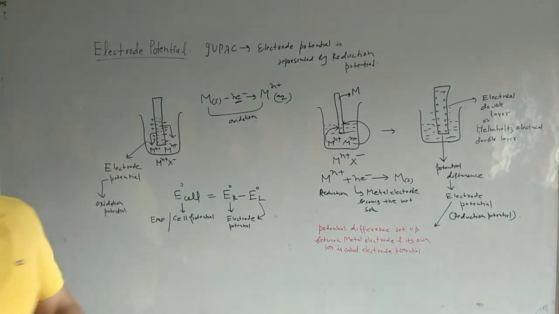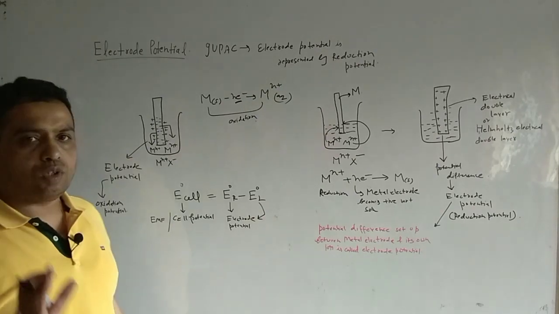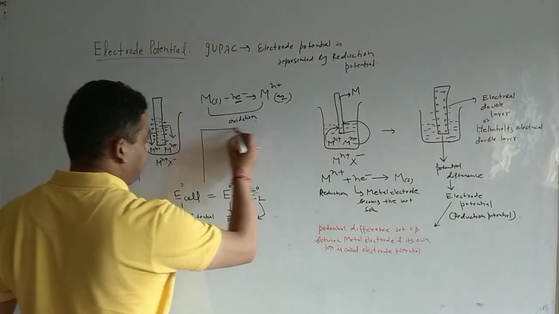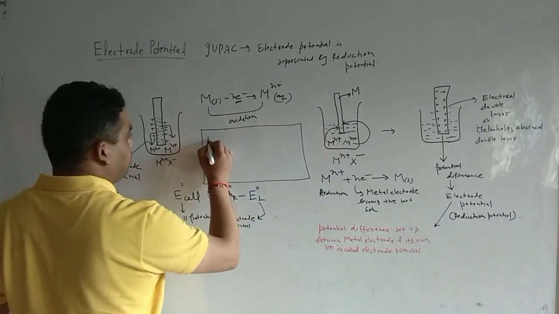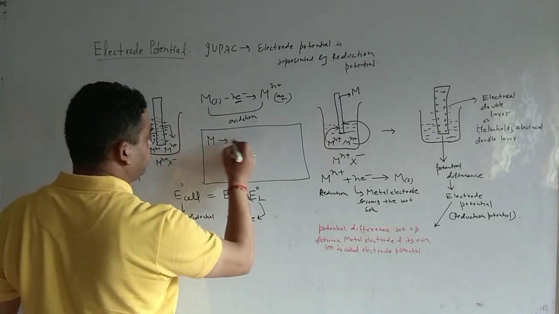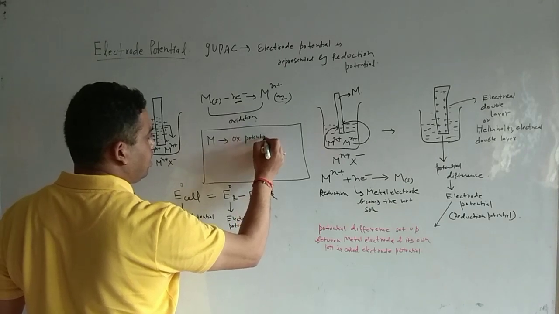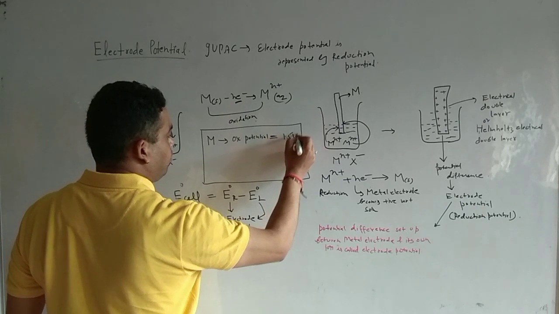There is no difference between the oxidation potential and the reduction potential. The difference is only the sign. For example, say a particular metal M has an oxidation potential of 1.5 volt.